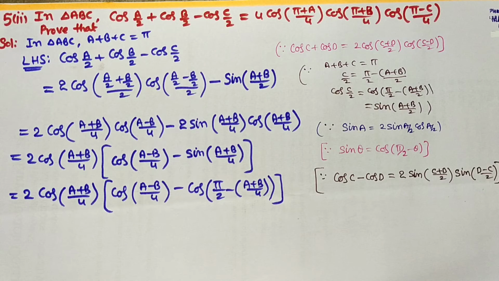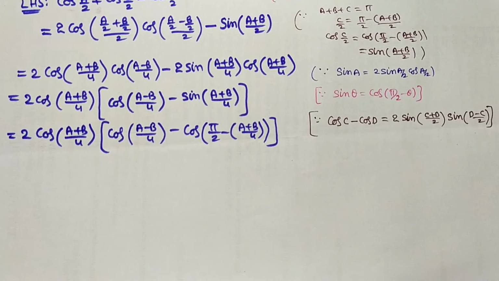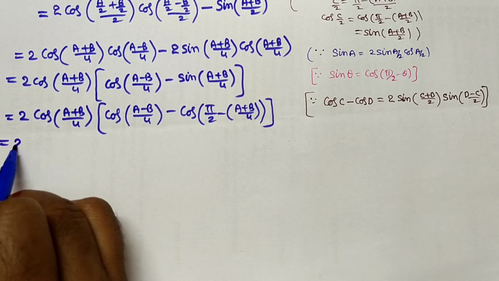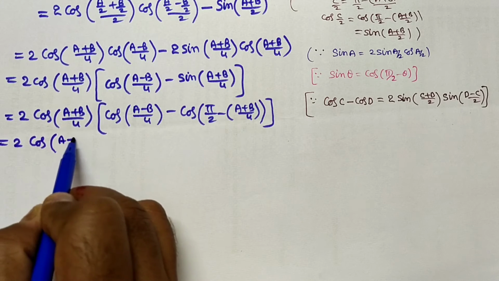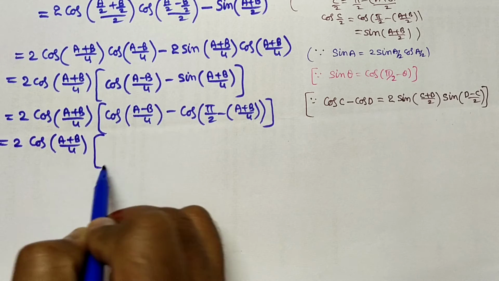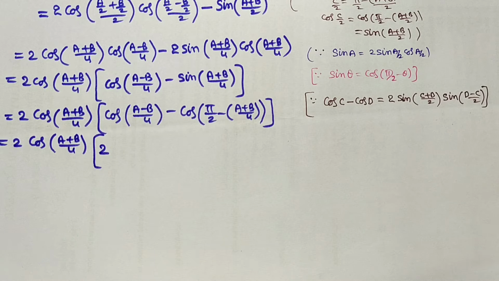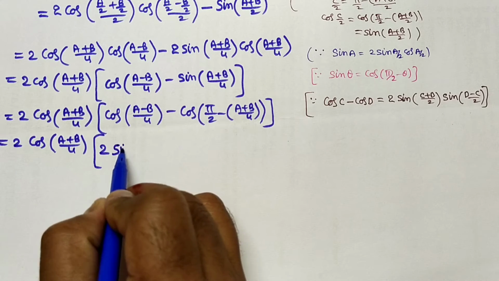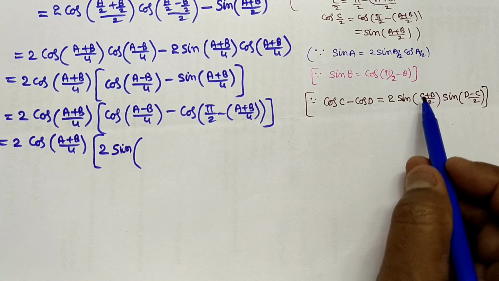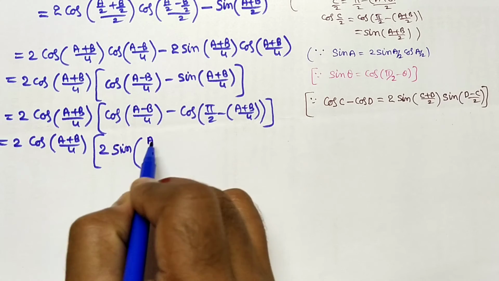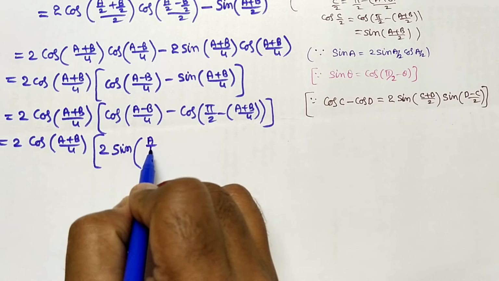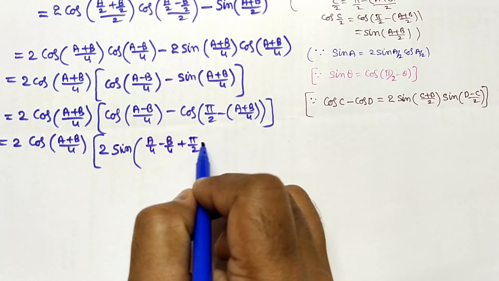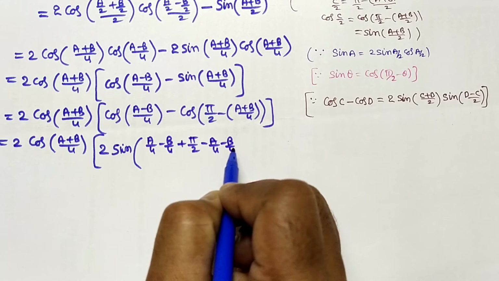So now, which is equal to 2 into cos of (a plus b) by 4 into, keep a bracket, 2 into sin of (c plus d) by 2. That means (a by 4 minus b by 4 plus pi by 2 minus a by 4 minus b by 4) divided by 2.